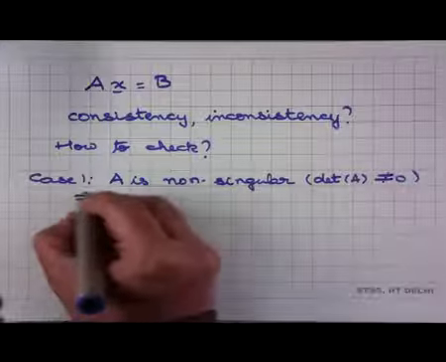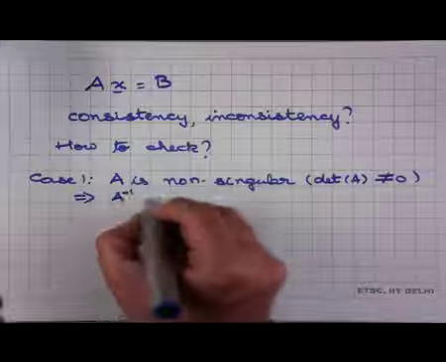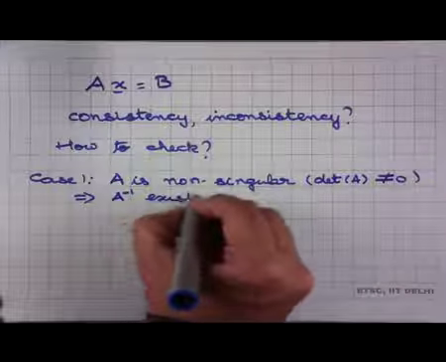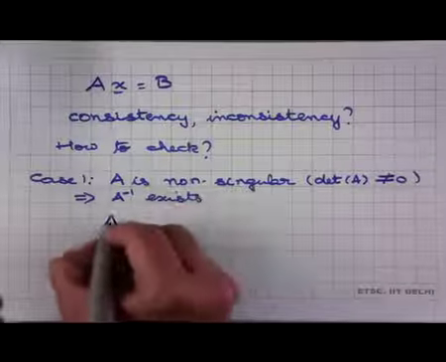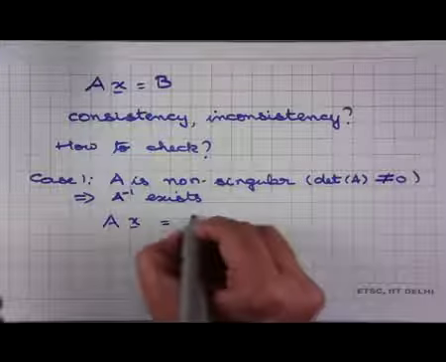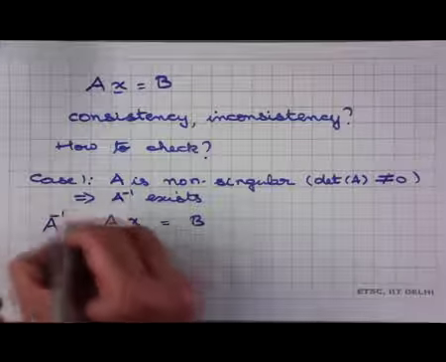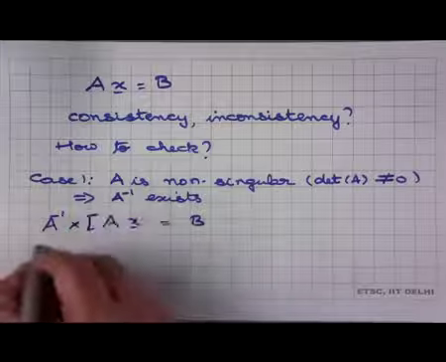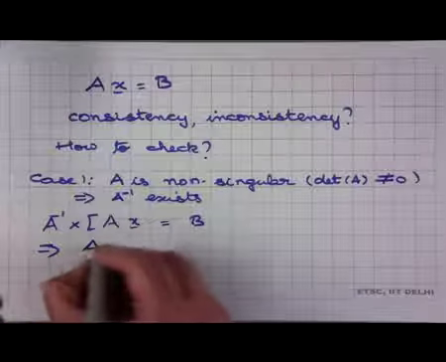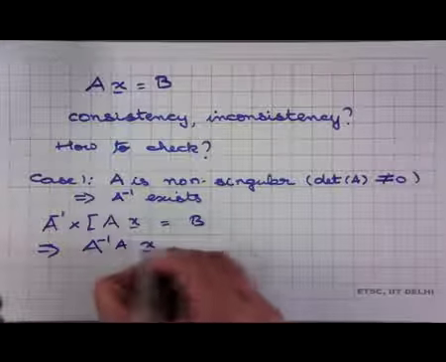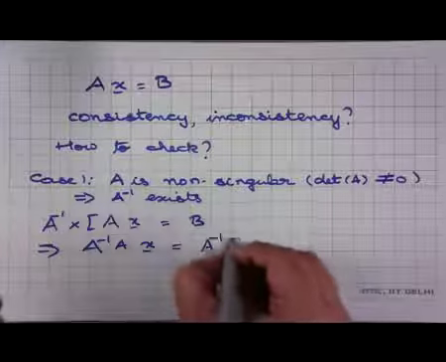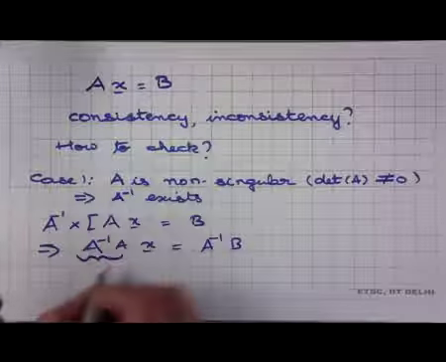The immediate implication is that A inverse exists. So, if A inverse exists, let us multiply both sides of this equation by A inverse. We get A inverse A x bar is equal to A inverse times B. This we know is identity.